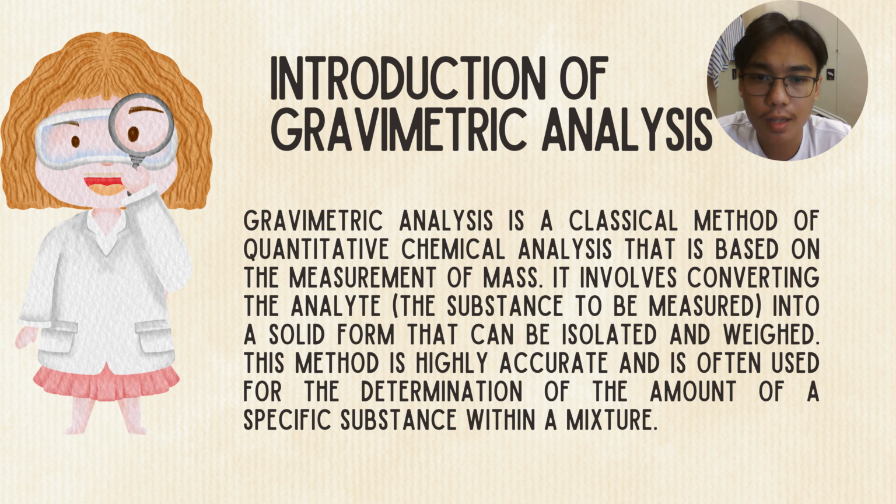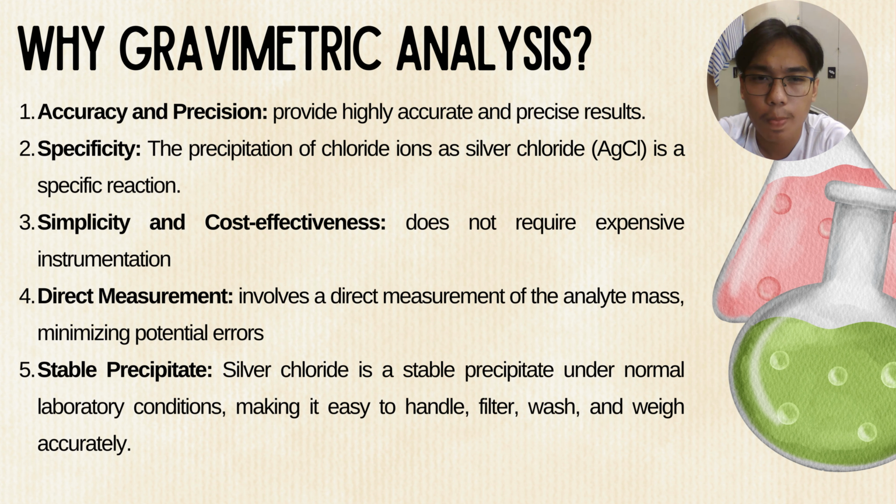This method is highly accurate and is often used for the determination of the amount of a specific substance within a mixture. What is the reason we picked gravimetric analysis?